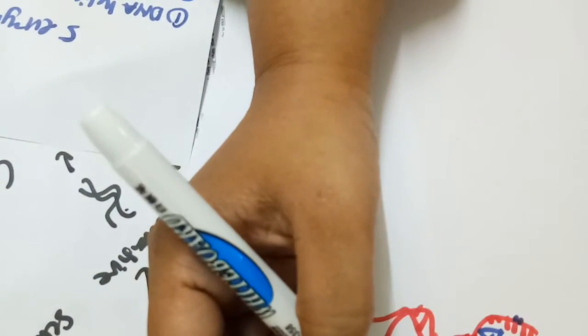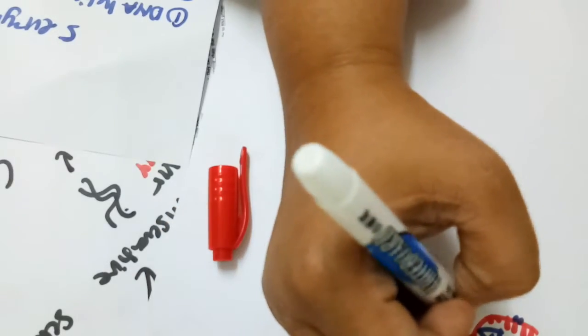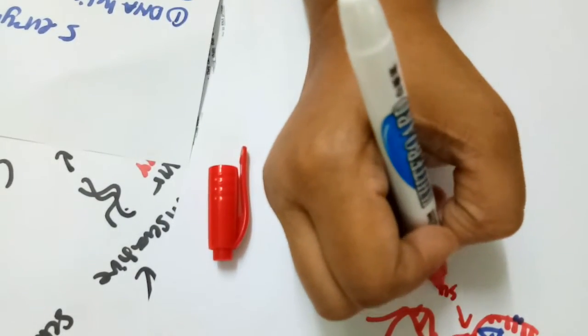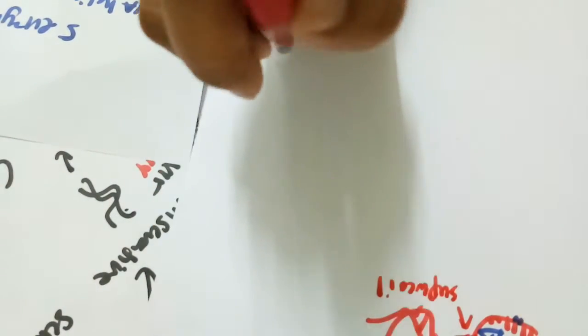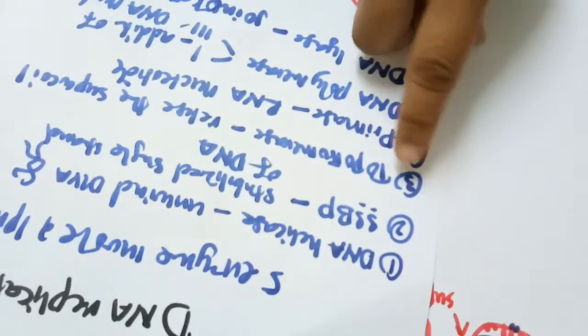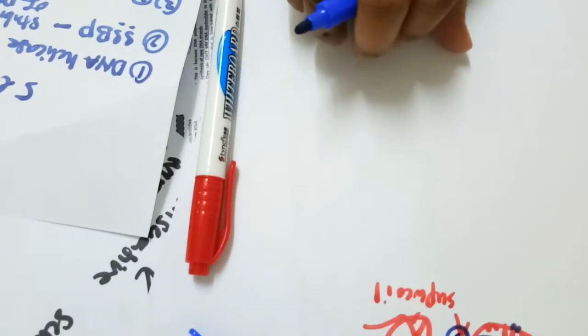And this super tension or supercoil will be released by the topoisomerase. The enzyme number 3, topoisomerase, relieves supercoil.